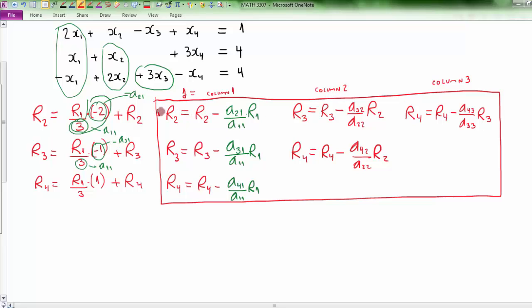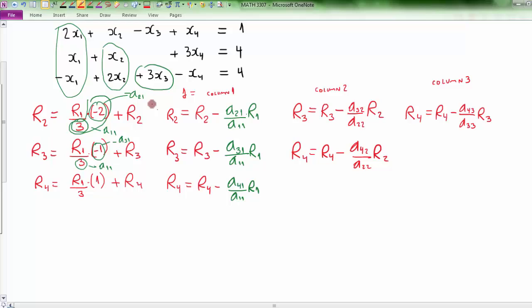So here let's use a variable i. I'll just put a little symbol here to represent i. So i here starts at 2 and goes all the way to 4. And then here i starts at 3 and goes all the way to row 4. And then here i equals 4.